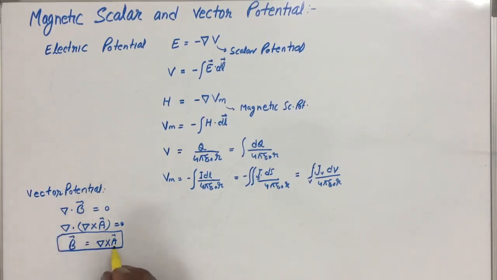In this, A is known as magnetic vector potential.